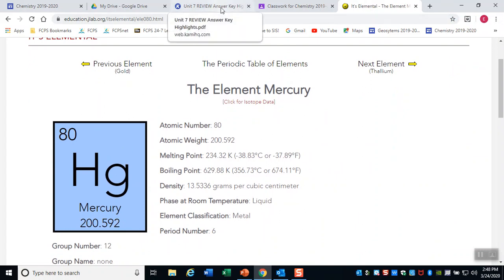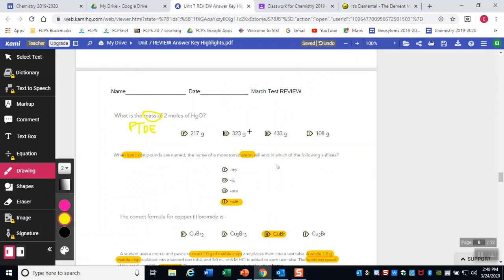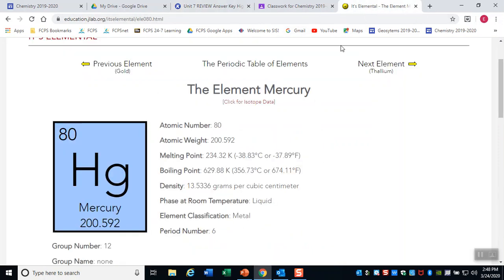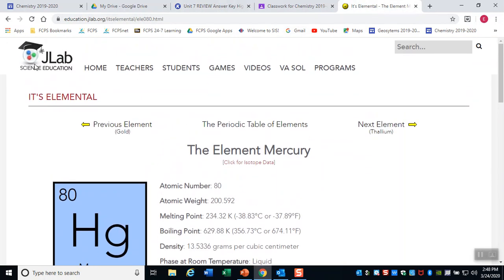All right, so we've got 201 for mercury. Plus, we have oxygen, right? So what is the mass of oxygen? I'm going to look on my periodic table.